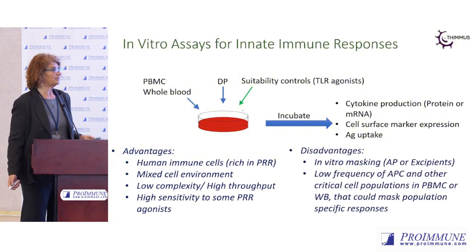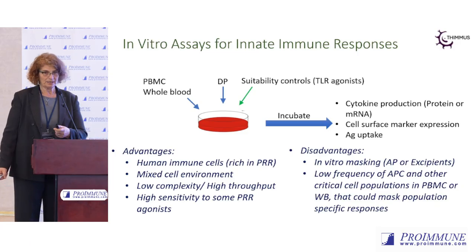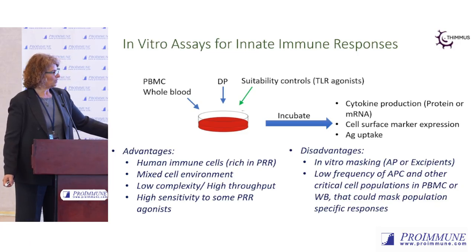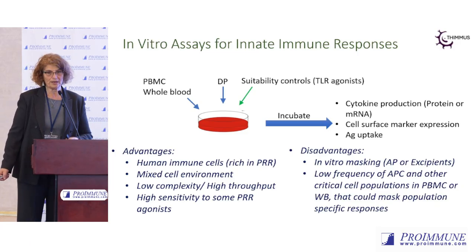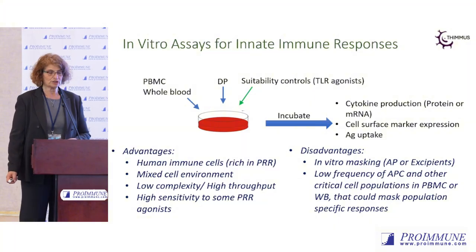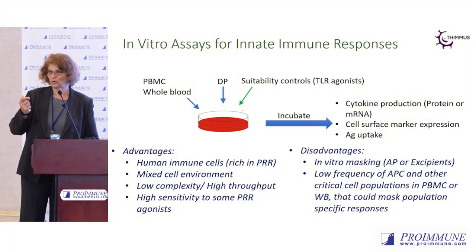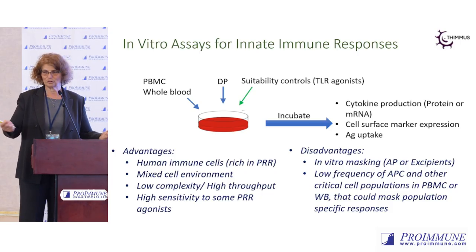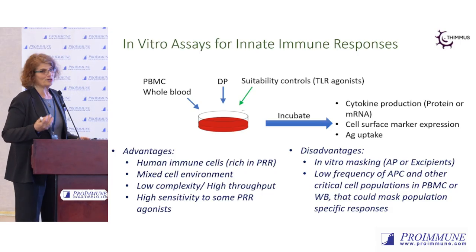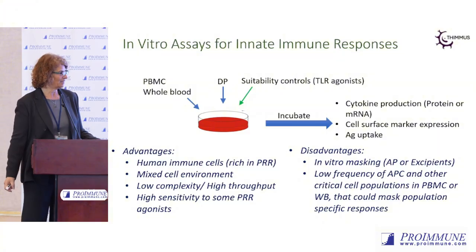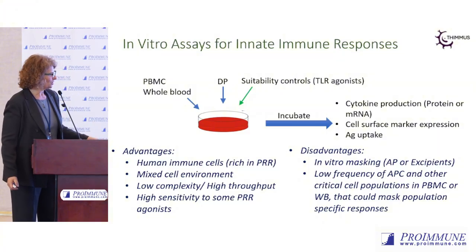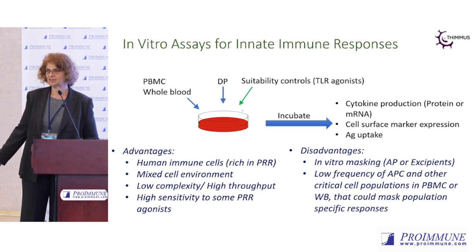They do have some disadvantages. As Oleg was mentioning, they can be quite sensitive to in vitro masking due to formulation. The other disadvantage is that we use PBMCs or whole blood because it's accessible, it's easy to reach, but it may not be the best platform, right? I believe Tim was mentioning that there's a low frequency of cells that are important.